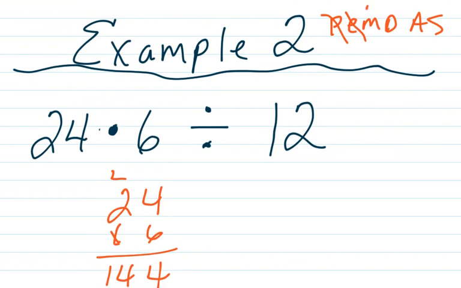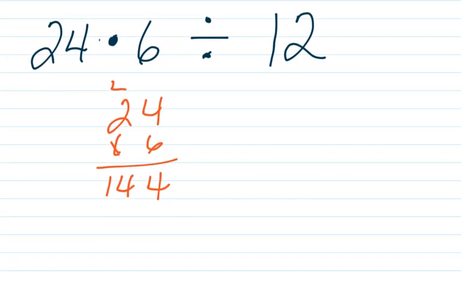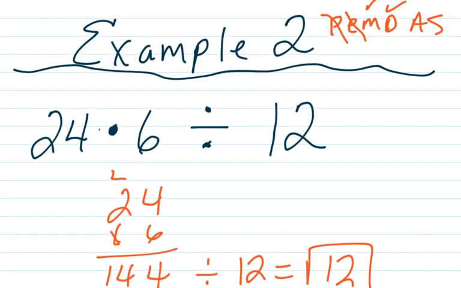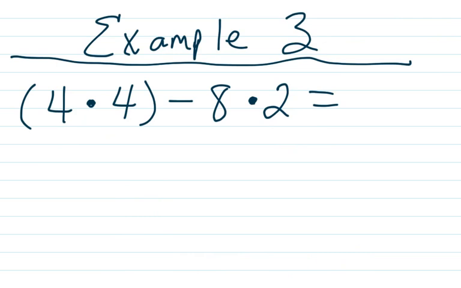So we multiply, then the next thing we have to do is divide. So 144 divided by 12 is 12. Remember, you go in the order of the operations that you have, and we did not have any addition or subtraction in this problem. Now let's look at one more example.